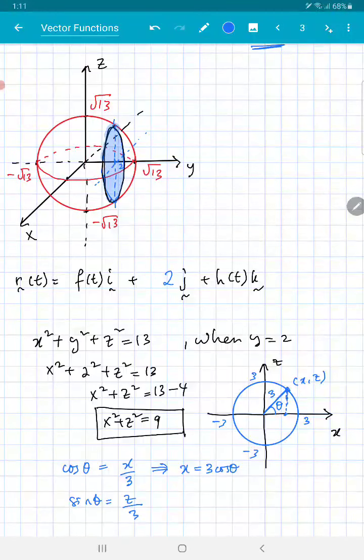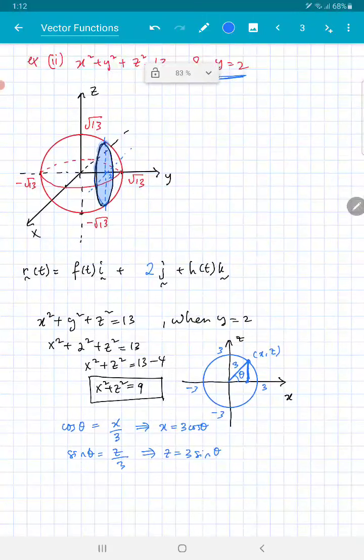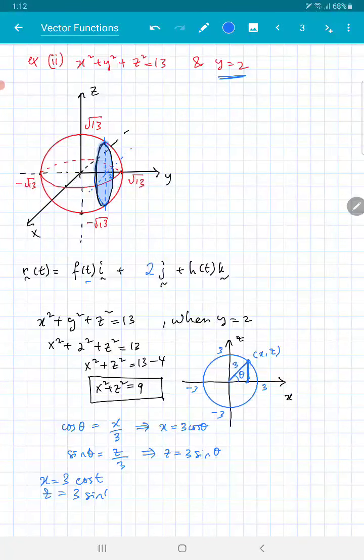The opposite is z, so z is 3 sine theta. We want to use t, so we change theta to t. So x is 3 cos t, z is 3 sine t, and y is always 2.